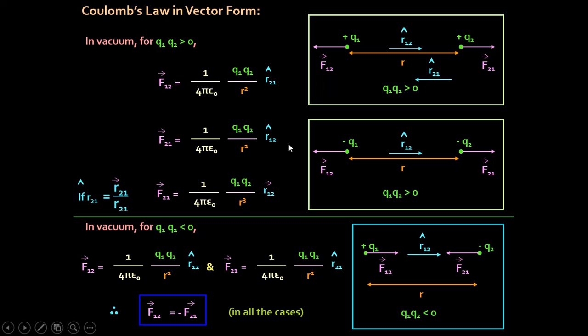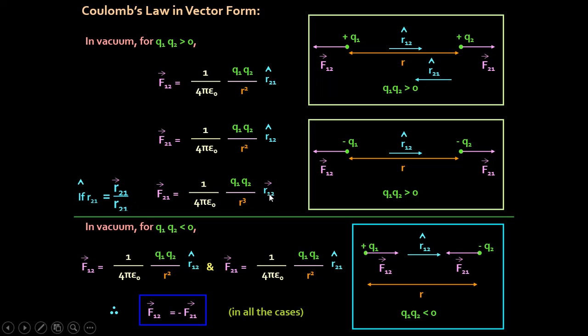So when you replace this R12 cap with this term, then in place of R12 you should take R21 vector divided by R21. In that case, this F21 will turn into 1 upon 4 pi epsilon naught, Q1 Q2 upon r cube into R12. So don't get confused here.